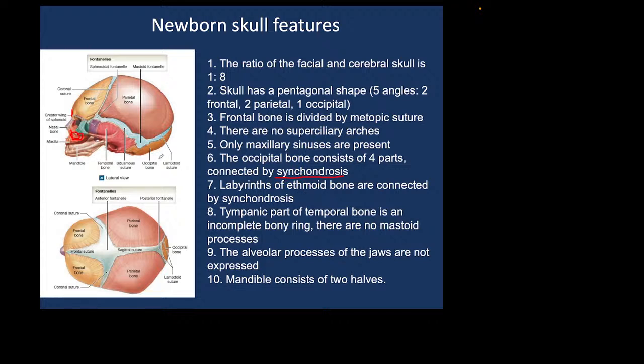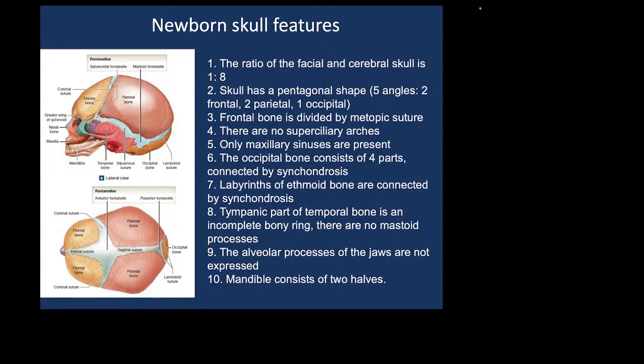Labyrinths of the ethmoid bone, this is the 7th feature, are connected by synchondroses. I remind you that the ethmoid bone is located here, and in this period of age it consists of cartilage. The tympanic part of the temporal bone is incomplete, bony, and looks like a ring, but not a channel like in adults.